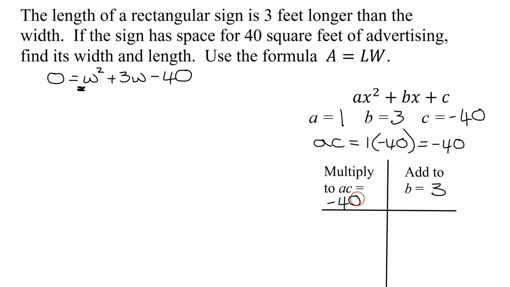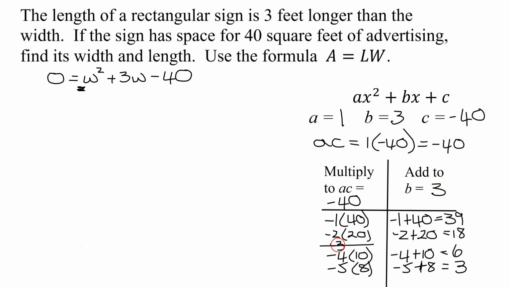Since they multiply to a negative, my signs of my 2 numbers have to be opposite, and the sign of the one with the bigger absolute value has to be the positive. So I'm going to start with negative 1 and 40. So negative 1 plus 40 gives me positive 39, way away from what I want.